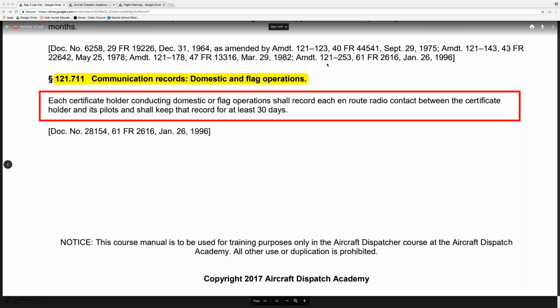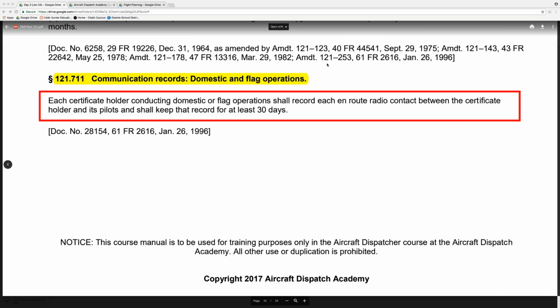When an aircraft doesn't close their IFR flight plan and they've been on the ground for more than 30 minutes, all of that information, these ACARS messages that we send to the pilot, is public record.